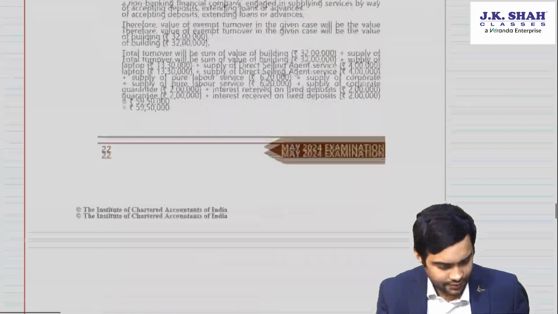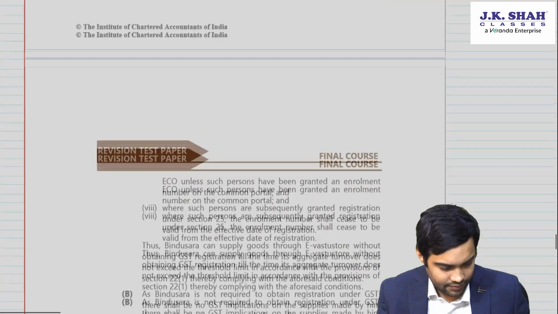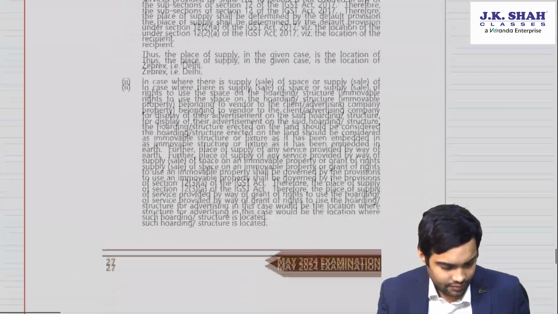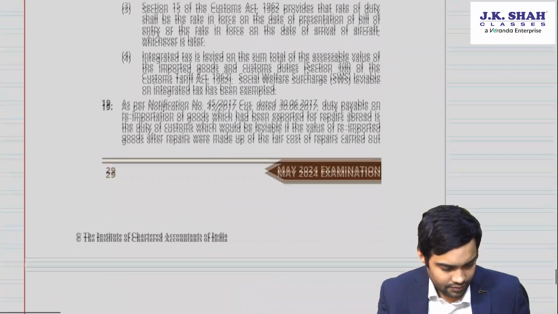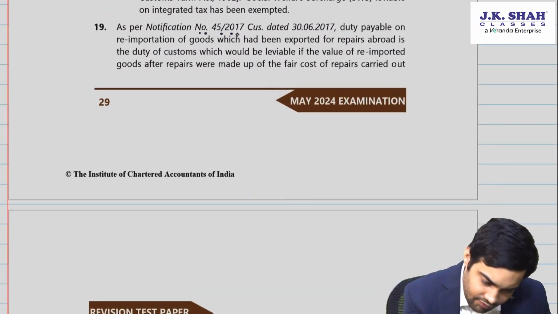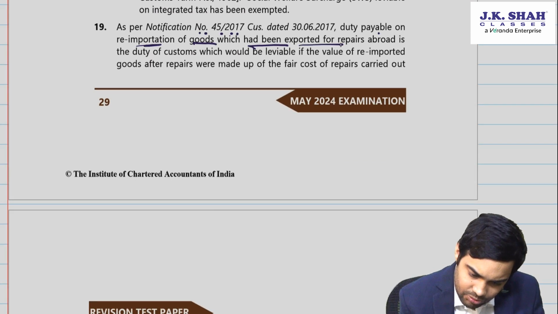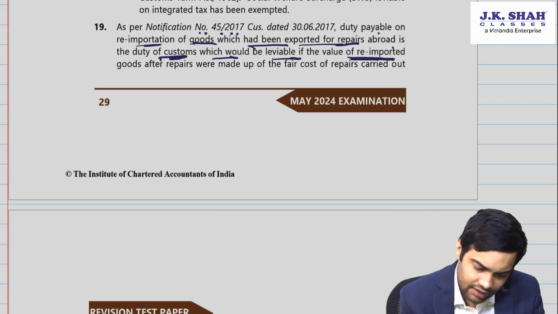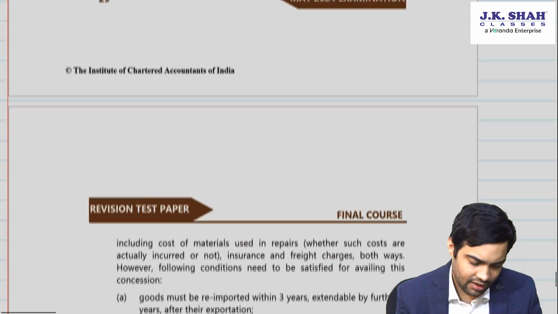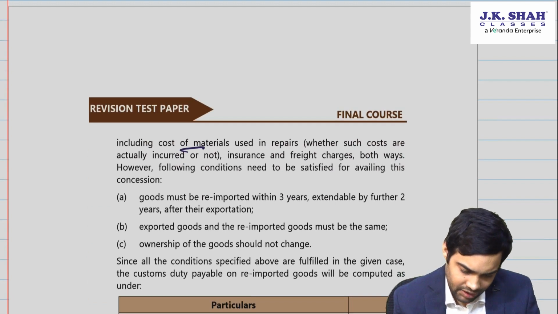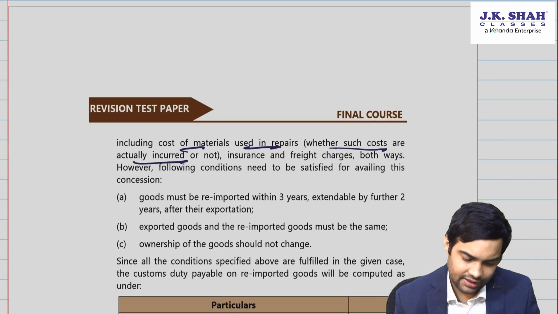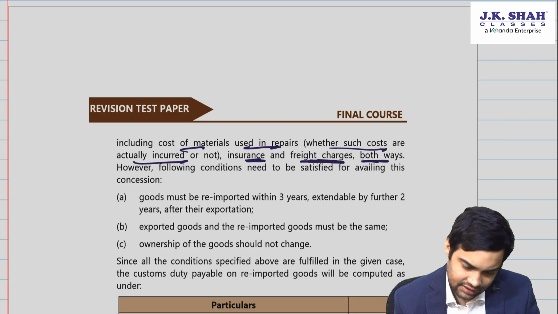Okay. As per notification 45/2017, duty payable on re-importation of goods which had been exported for repair abroad is the duty of customs which would be leviable if the value of re-imported goods after repair were made up of fair cost of repair carried out including cost of materials used in the repair, whether such repair costs are actually incurred or not, insurance, freight charges both ways.